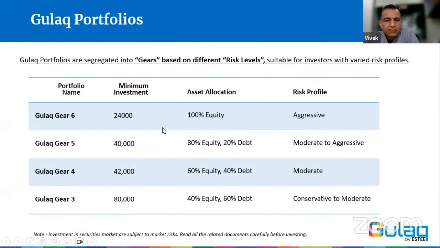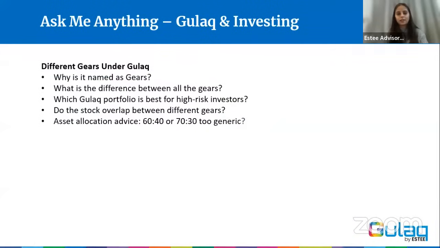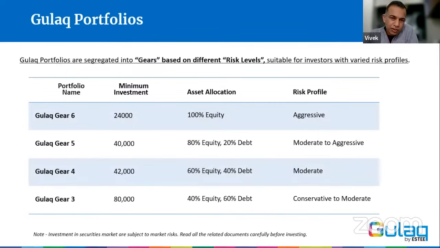These are the gears that we have. The equity is 100% in Gear 6. It reduces to 80% in Gear 5, then 60% in Gear 4, and then 40% equity in Gear 3. We had a question regarding this as well: do the stocks overlap between different gears? Yes, the stocks are the same in each portfolio. When you buy a Gulaq Gear 5 portfolio, 40,000 is what will be required to invest.